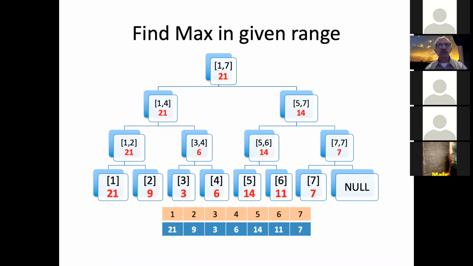So what you'll see here is that the first two items, with index 1 and 2, have values 21 and 9. They are connected to their parent, and that parent now has information about the range 1 through 2. The items 3 and 4 have a parent that represents the range 3 to 4. These two now have a parent that goes all the way from 1 through 4.